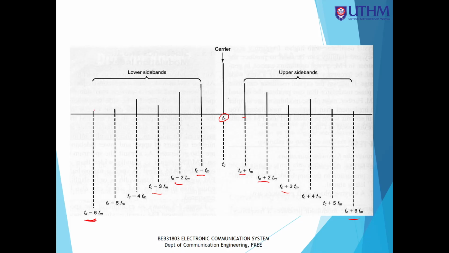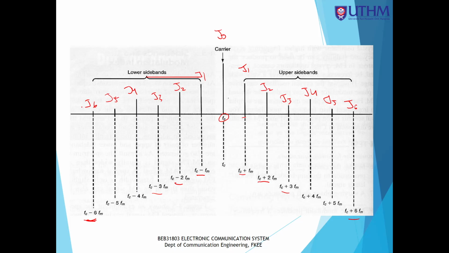So the amplitude: this is J0, and then this is J1, this is J2, this is J3, J4, J5, J6.